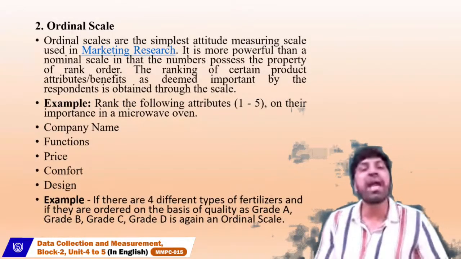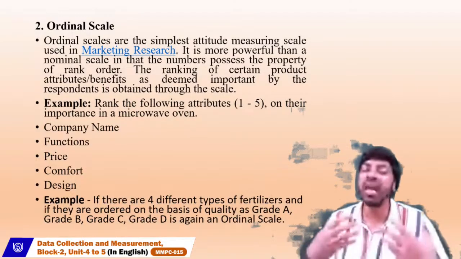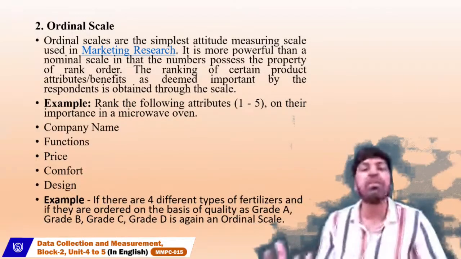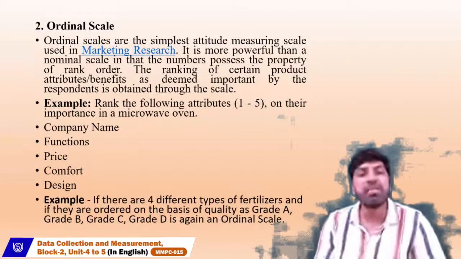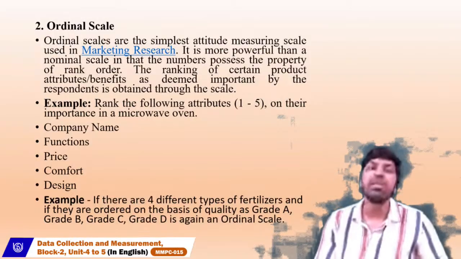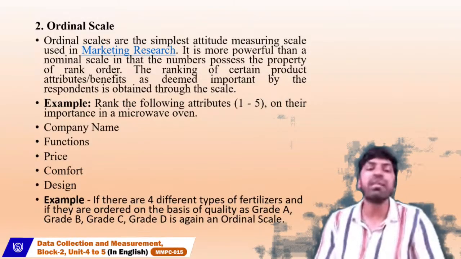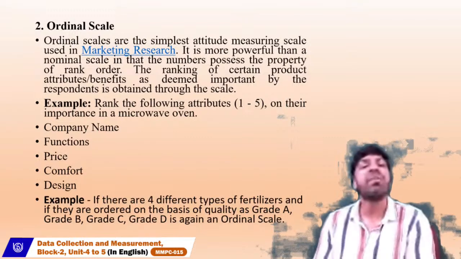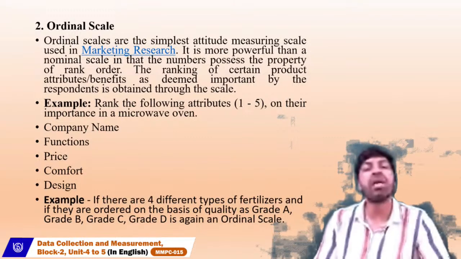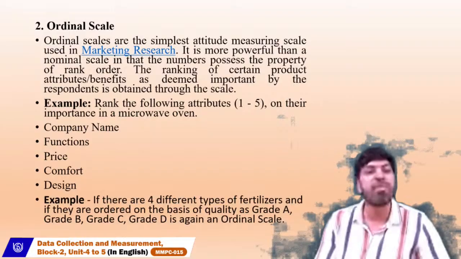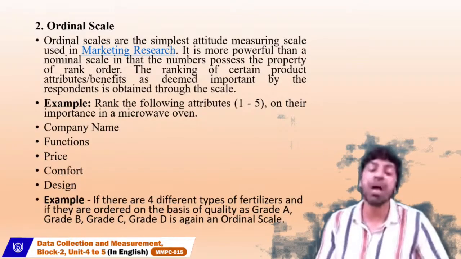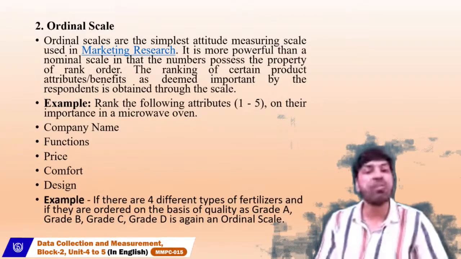We have to rank any product or any person from 1 to 5 or 1 to 7 on their importance. For example, rank the following attributes from 1 to 5 on the importance of a microwave oven: company name, function, price, comfort, and design.